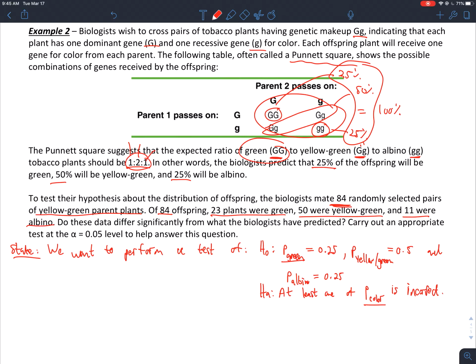Since we used this, we have to define it. So we say where P sub color is the true proportion of tobacco plants of the specified color.